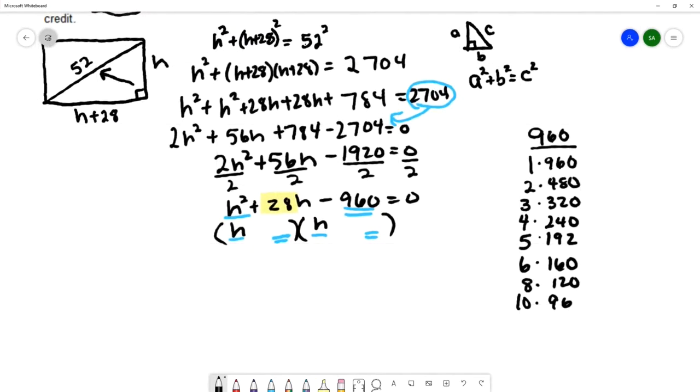Okay, I don't think 11 does. 12 does. 12 times 80. And what I'm looking for, just so you know, when I'm saying it's getting closer, I'm taking the difference between these two numbers, and we're hoping the difference between them is 28.